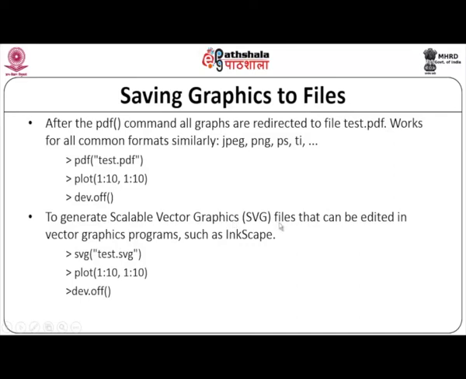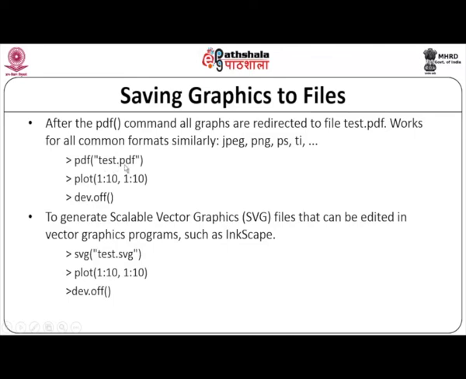So, for this, how you should type and execute the command is, first you should tell in what particular file you want to save the output. If you want to save it in the form of PDF, then call the PDF method, and the argument to the PDF method is going to be the file name. Here in this scenario we have a file named test.pdf.